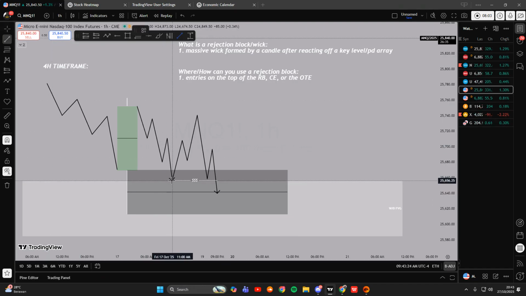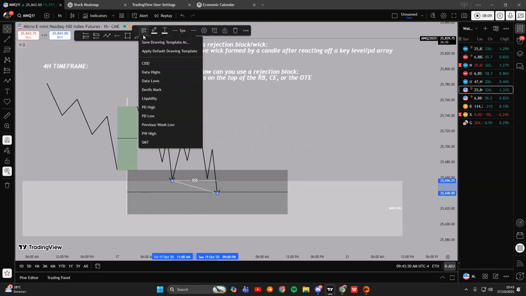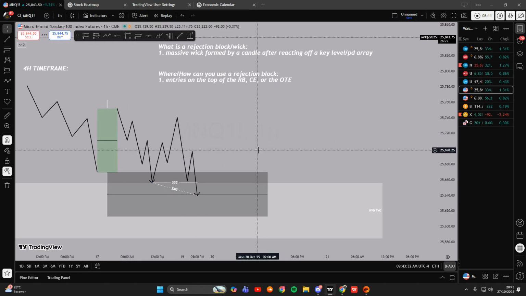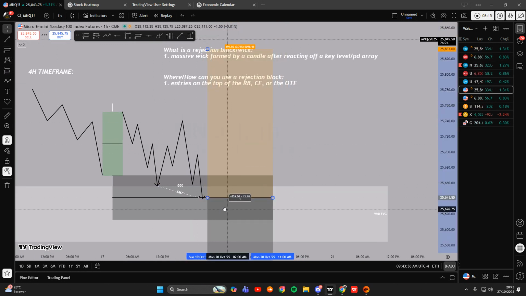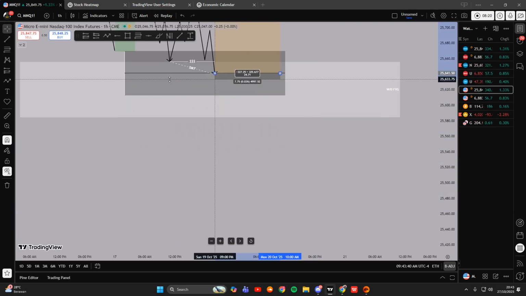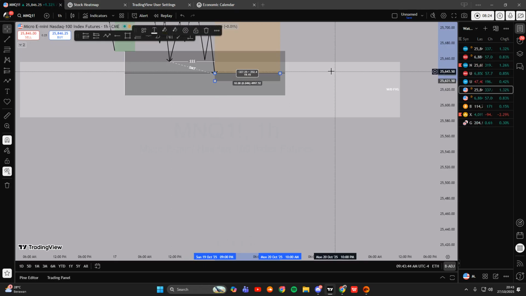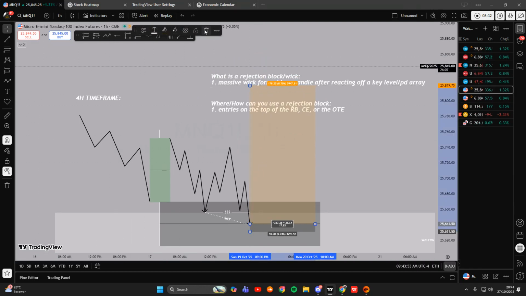High probability CE is when the engineered liquidity gets swept on NQ but ES left it, which forms an SMT. This would make the CE more higher probability. You can get away with a 5 point or 10 point stop. I would just put a 10 point stop. I try not to get too greedy. You can target some liquidity up there.